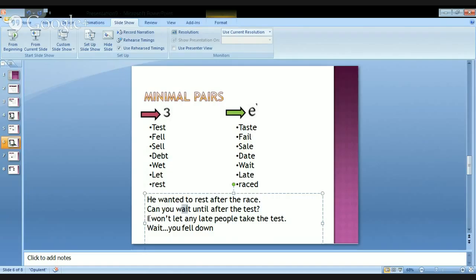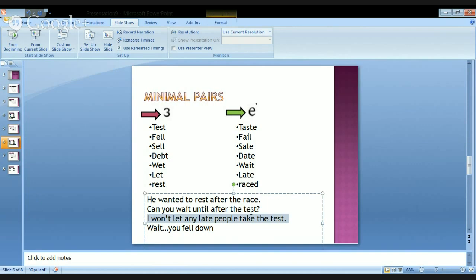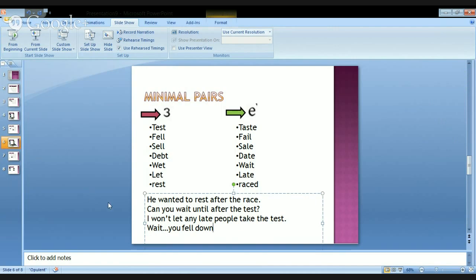The number 2. Exactly. I won't let any late people take the test. I won't let any late people take the test. Excellent. It seems like you have this one down perfect. Wait, you fell down. Wait, you fell down. Very good. So it seems like you have those ones down really well.